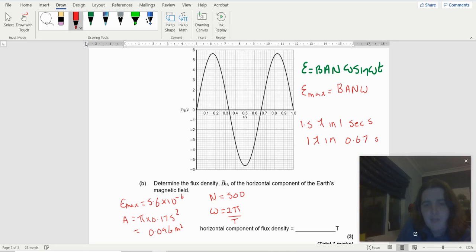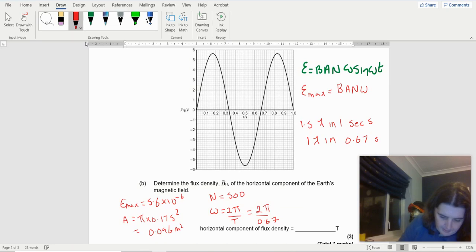So I've got my time period, and my omega here is going to be 2 pi over 0.67. So 2 divided by that times pi, and I'm going to get 3 pi. So that is 9.42.